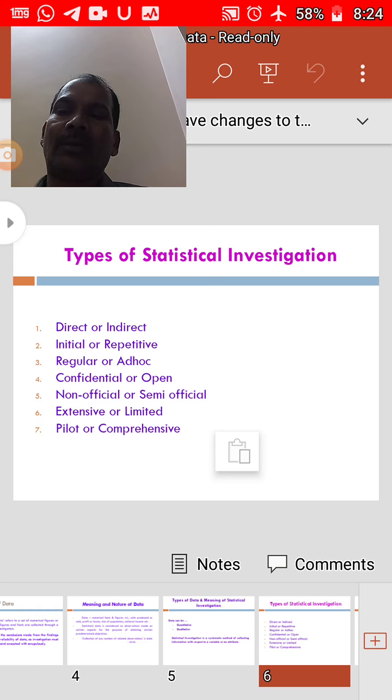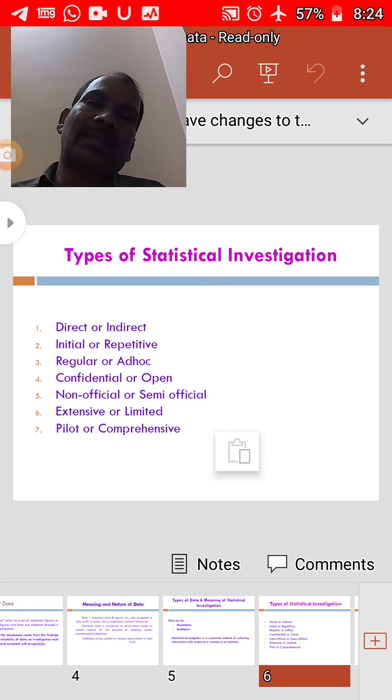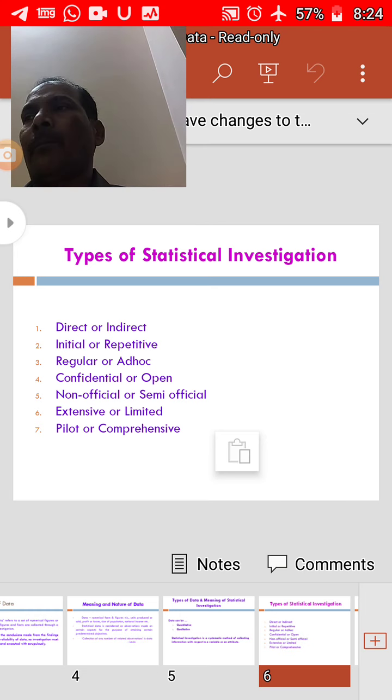A semi-official investigation is carried out by certain organizations enjoying government patronage. Example, universities, research institutions, etc.